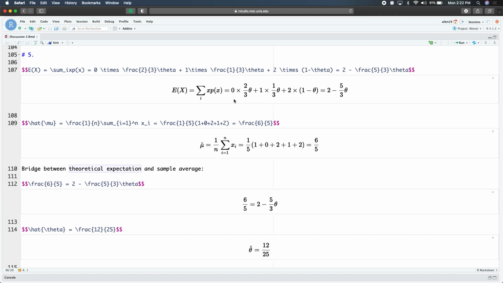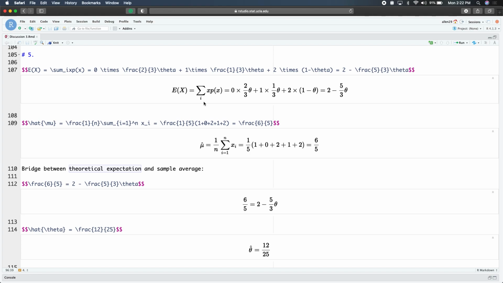And we also have the corresponding PMF. When x equals 0, we have p of x equal to 2 theta over 3. And when x equals 1, we have probability theta over 3, and then 1 minus theta for 2. And then we apply the definition for the expectation for this discrete case.